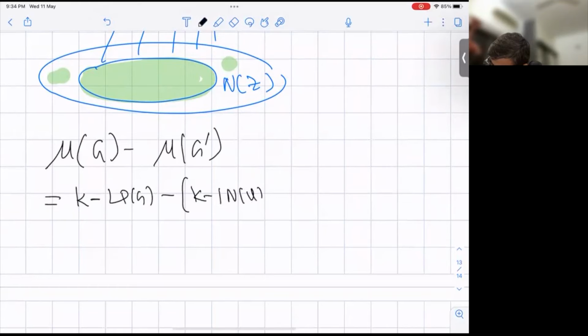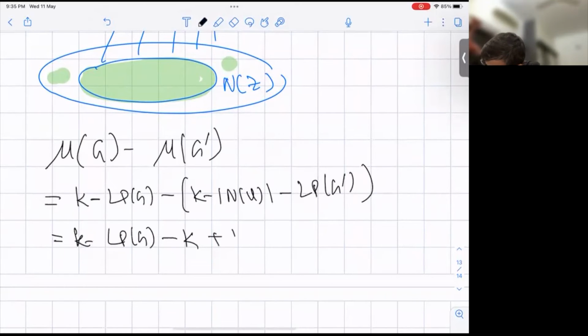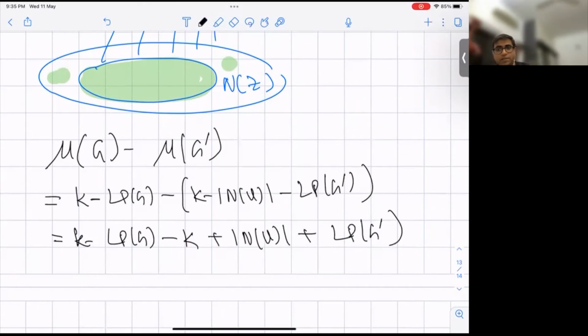K minus N of V minus LP of G prime. Is that okay with everybody? I just wrote the definition. So K minus LP of G minus K plus N of V plus LP of G prime. Is that okay with everybody?